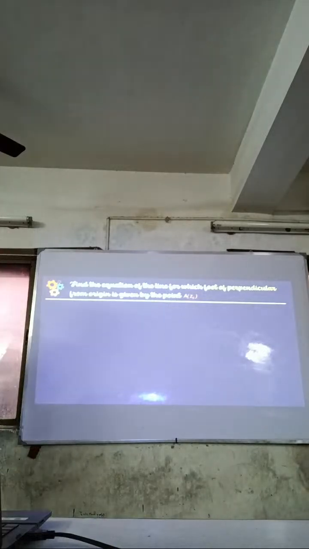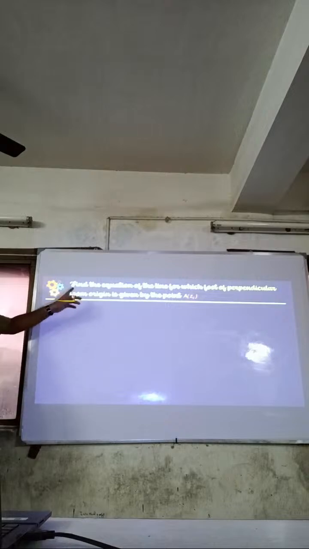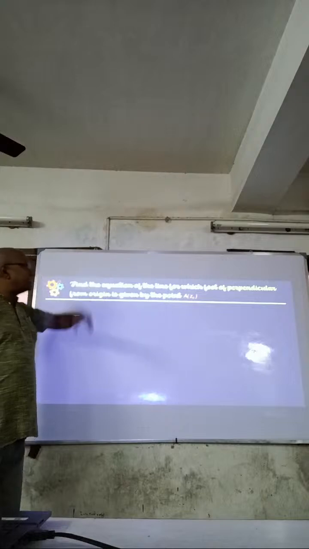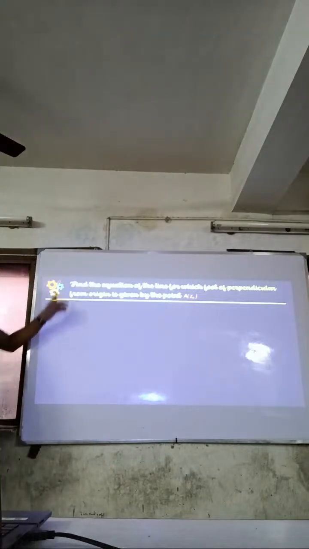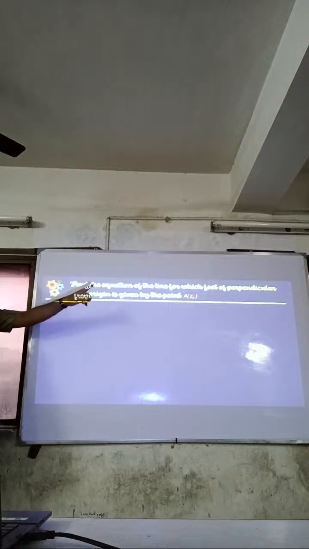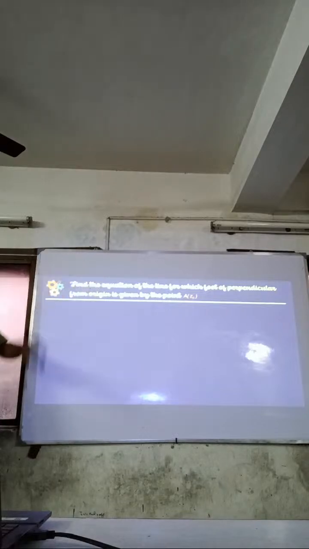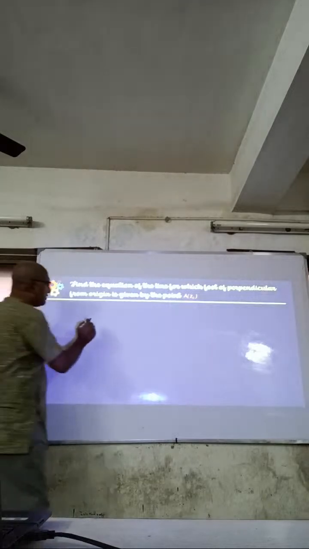Now, please see this. Find the equation of the line for which the foot of perpendicular from origin is given by the point z0. তাহলে কি বলছি বুঝতে পারছিস?